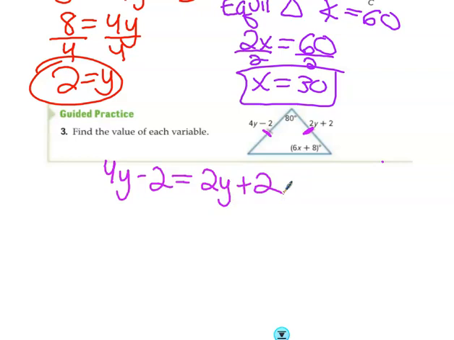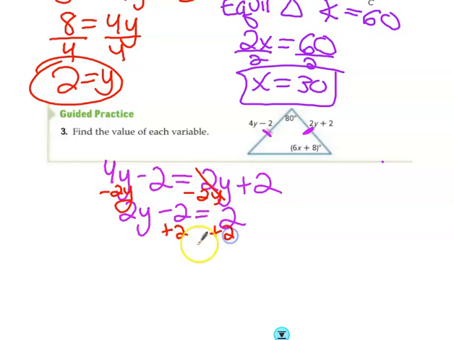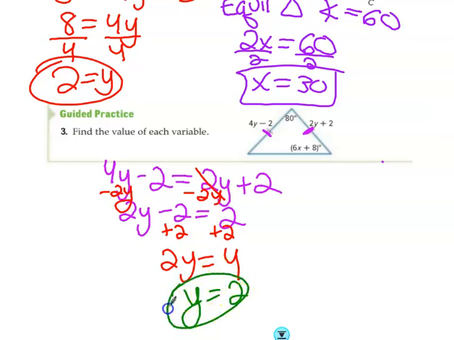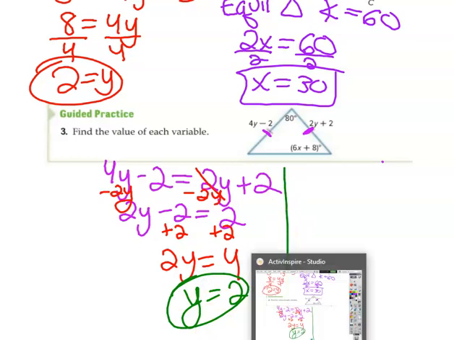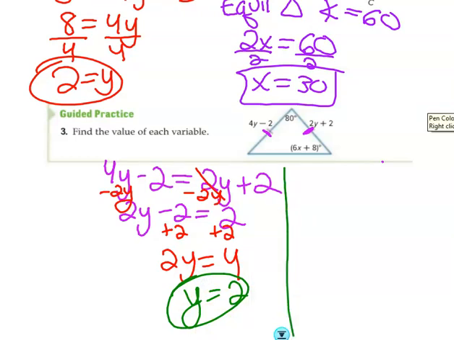I'm going to solve, so I'm going to bring the 2y over, subtracting 2y from both sides. Then I can add 2 to the right, and I have 2y equals 4. Divide by 2 on both sides, and y equals 2 again. Lots of equaling 2.